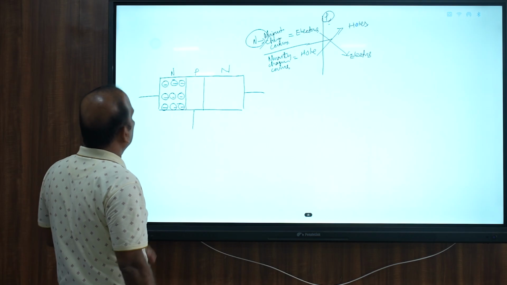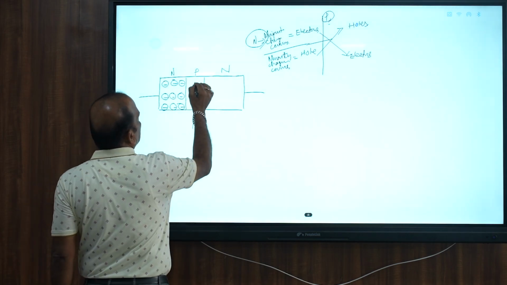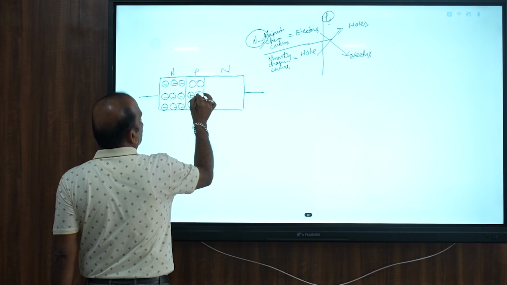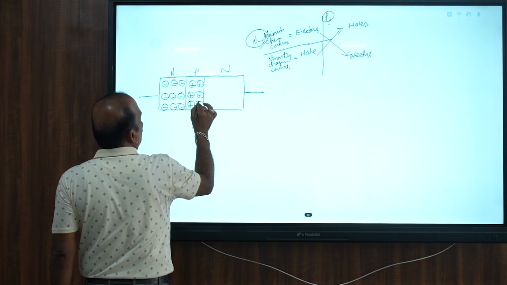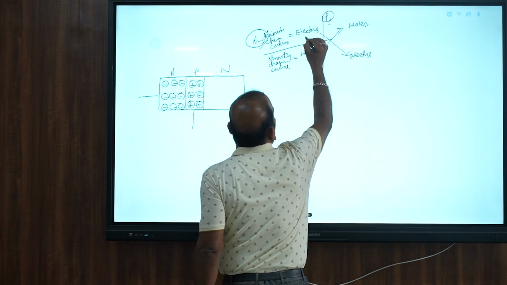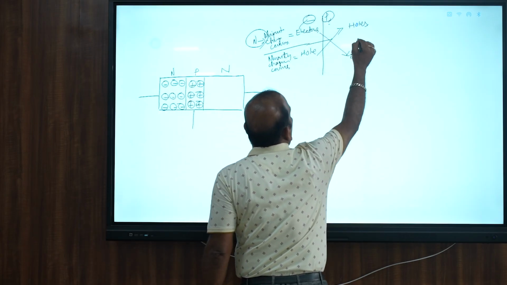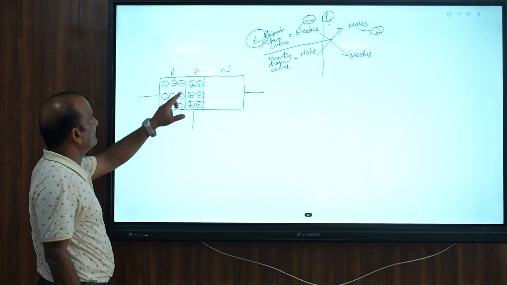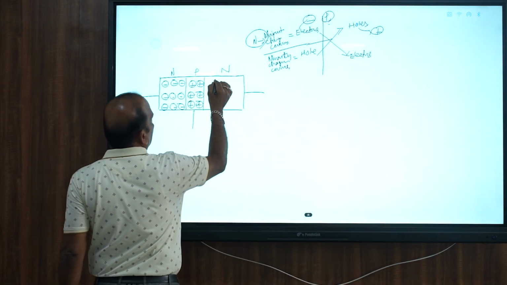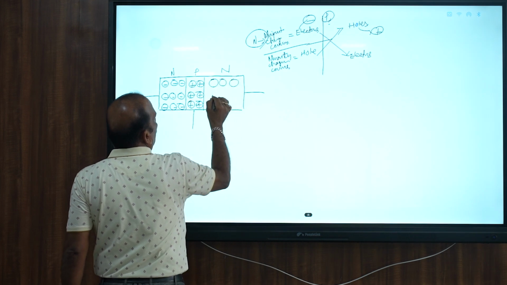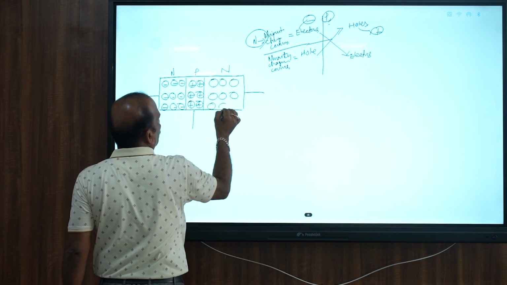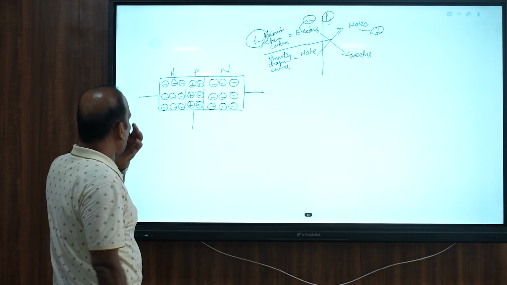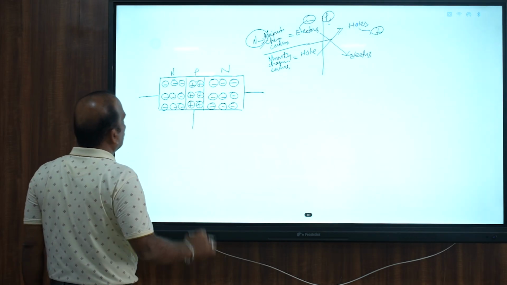Now, in case of P, I am considering only the hole part. Electrons all are negatively charged, holes all are positively charged. So these all are electrons, these all are holes. Similarly, in N side, these negative electrons all are, right?